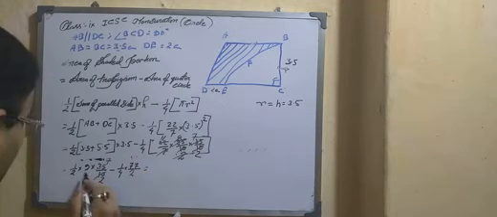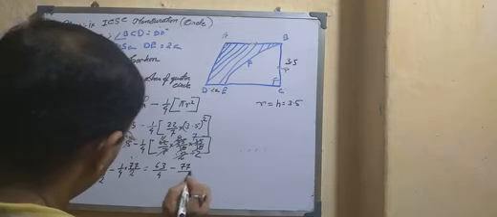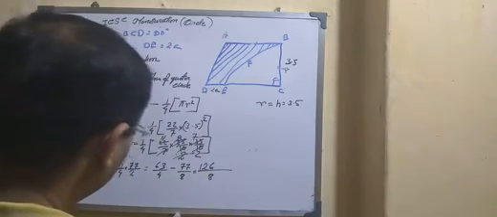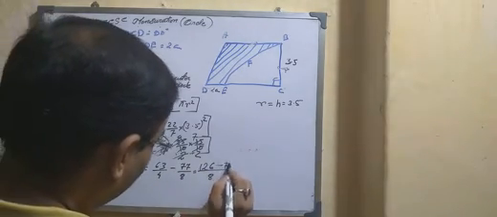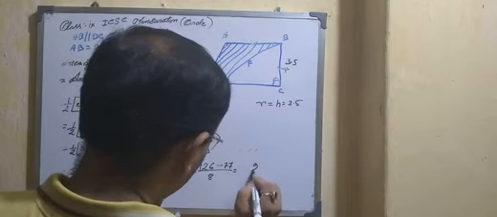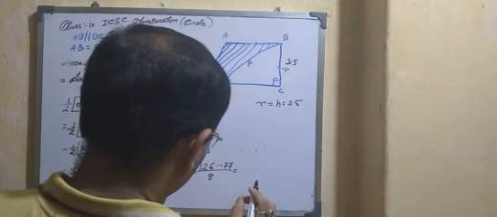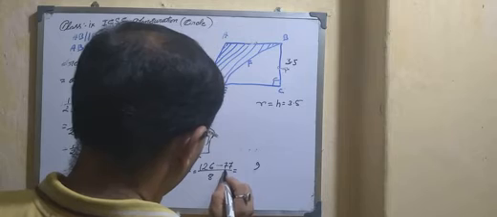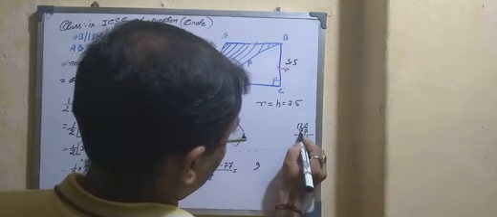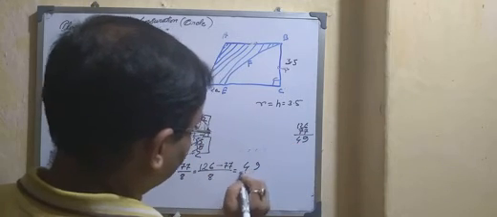That means 63 upon 4 minus 77 upon 8. LCM is 8, so 63 multiplied by 2 is 126, minus 77, therefore 49 upon 8.